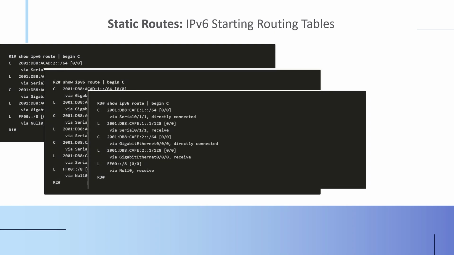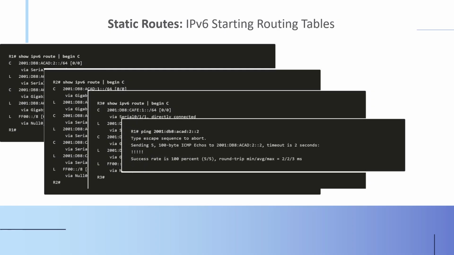Router 1 is able to communicate with router 2 because router 1 knows the network connected to the interface Giga 0/0 and the network connected to the interface serial 0/1/0 of router 1.